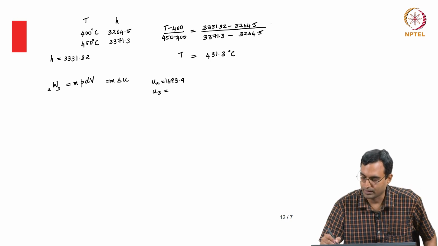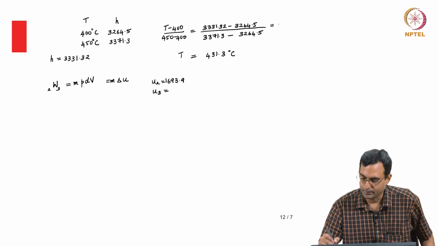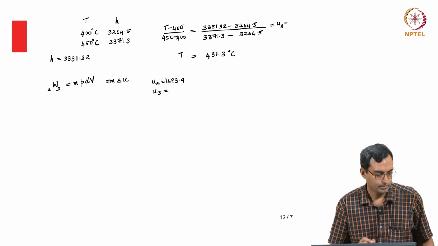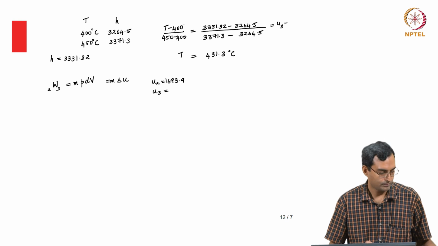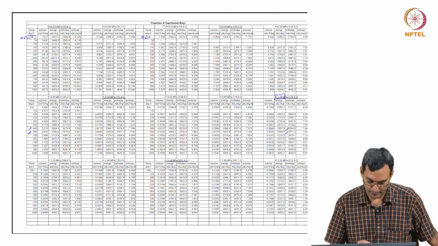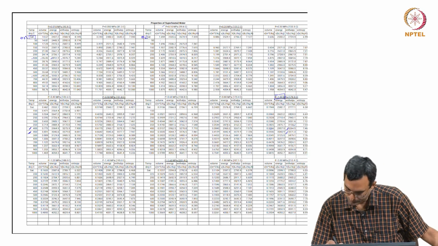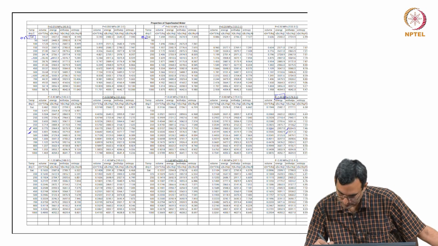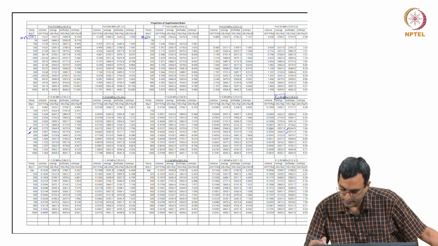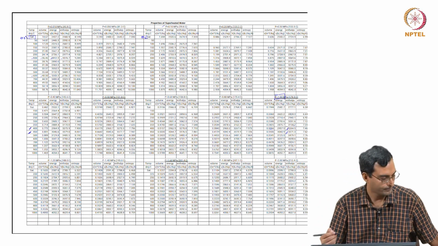So, this will also be equal to, for example, u3 minus u at 400. I need to get these tables again. I am looking at the 1 megapascal table, and I am over here. So, this is 2957.9 and 3040.9.